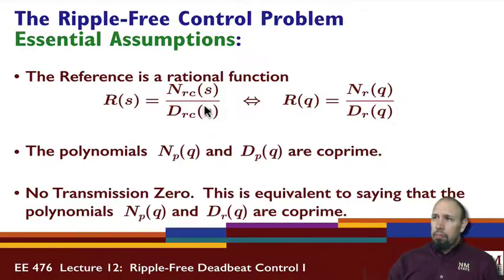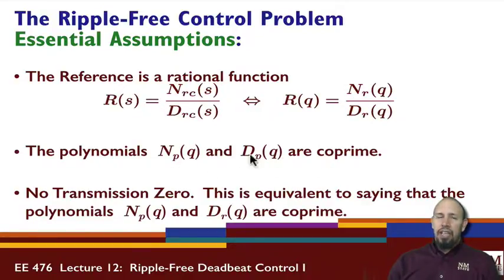The second assumption is that NP and DP are coprime. That is, the numerator and denominator of the plant have no cancellations. Remember we talked about that.